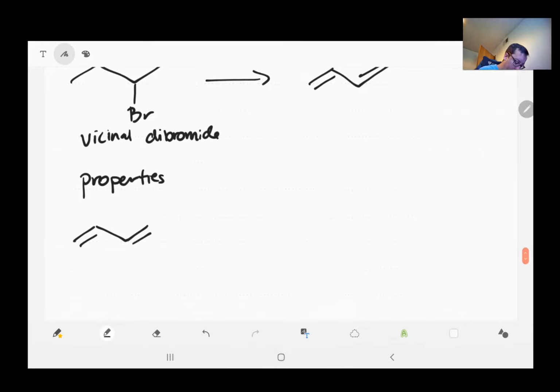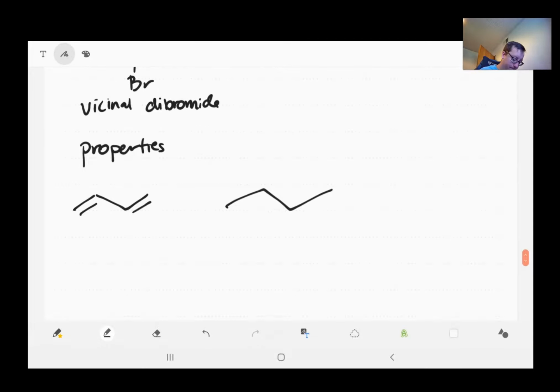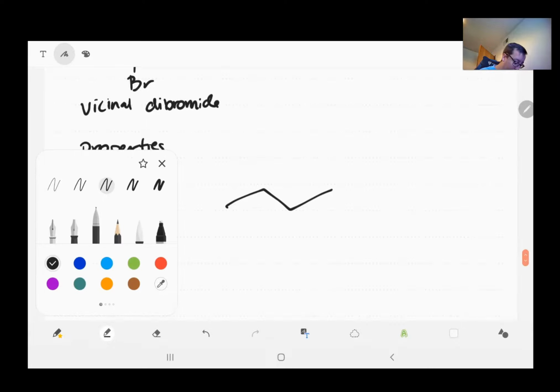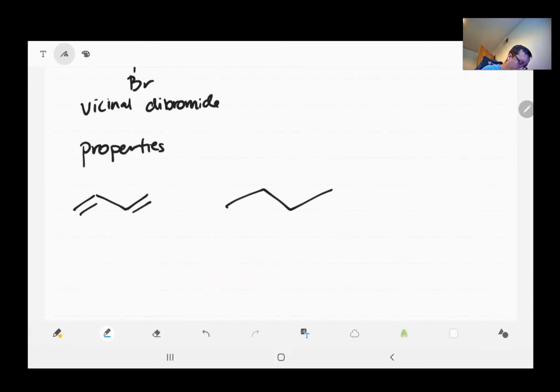All right, so if we're comparing these two molecules, butadiene and butane, technically 1,3-butadiene, I'll be correct. All carbons here are sp2 hybridized in this molecule here. Everything in this one is sp3 hybridized, right? No double bonds in our rightmost molecule.